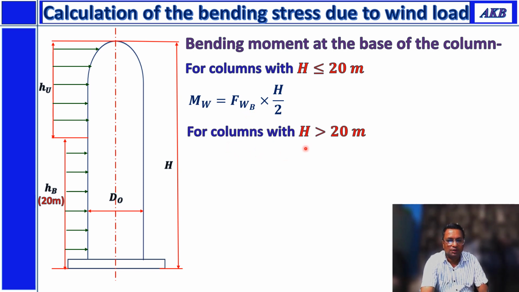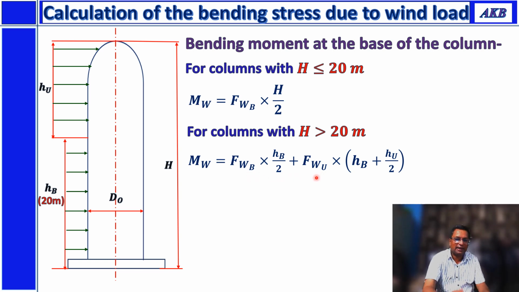For a column with height greater than 20 meter, Mw will be given as Fwb into hb by 2 plus Fwu into (hb plus hu by 2), where Fwb and Fwu are the forces that act on the bottom part of the column and the upper part of the column.